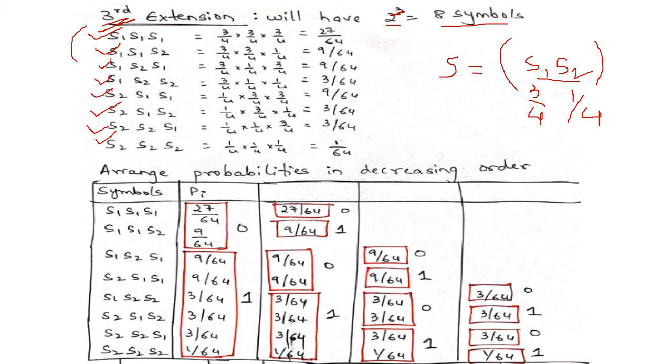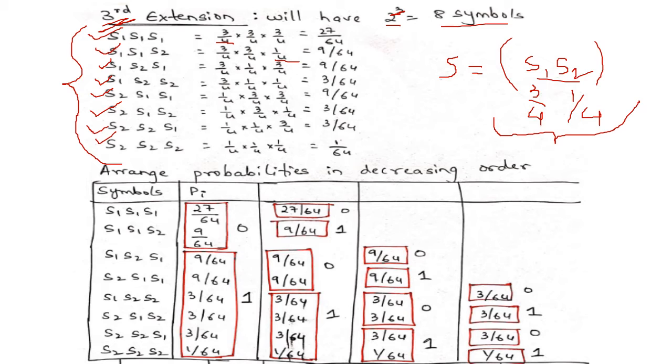So all these 8 combinations, or 8 symbols of the third order extension, are formed using the first order symbols, that is S1, S2. Substitute S1 probability as 3 by 4, S2 probability as 1 by 4.